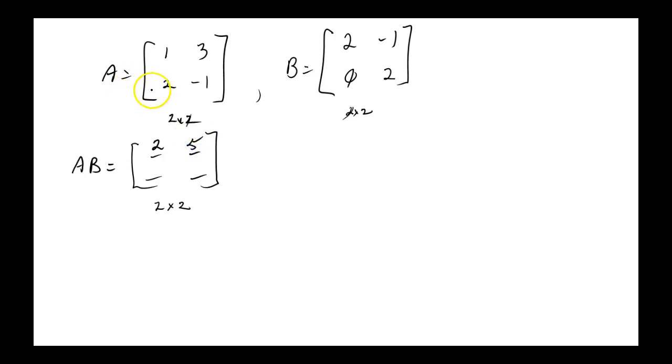The 2, 1 entry will be 4. And the 2, 2 entry will be negative 4. Okay. Now, in order to do this maybe just a tad easier, I'm going to repeat A.